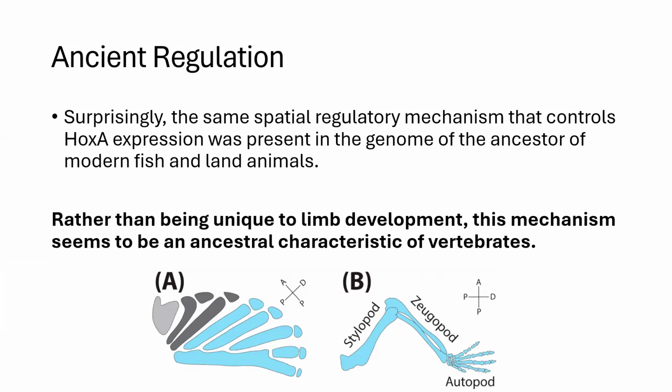And surprisingly, the same spatial regulatory mechanism that controls HOX-A expression was present in the genome of the ancestor of modern fish and land animals. So you can see that the stylopod, the zeugopod, and the autopod in the vertebrates, the mammals, have ancestral specific bones that they are homologous to.